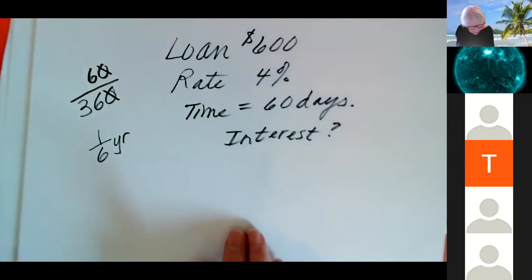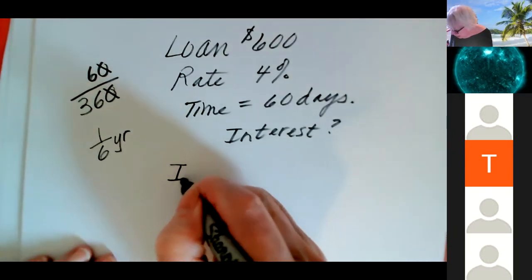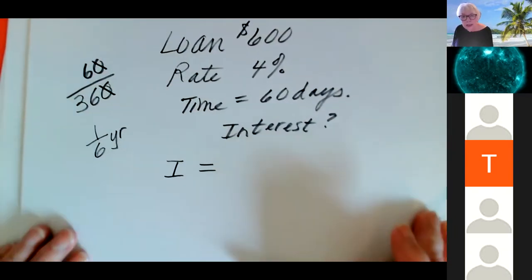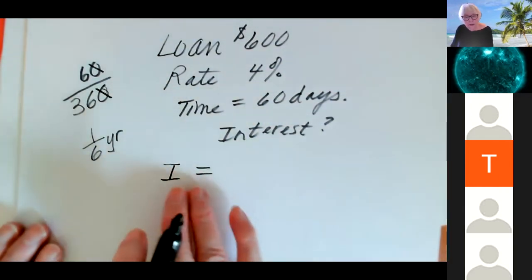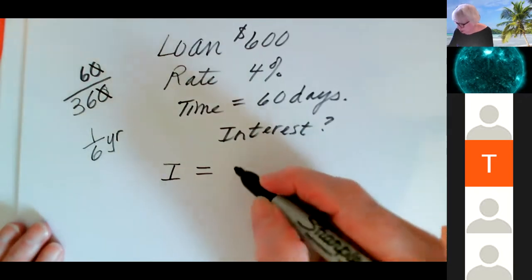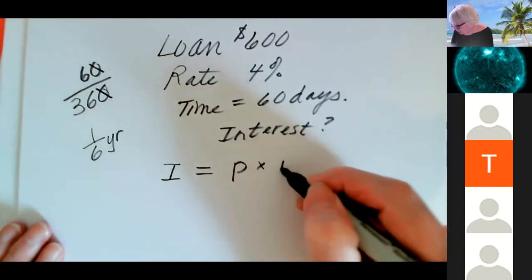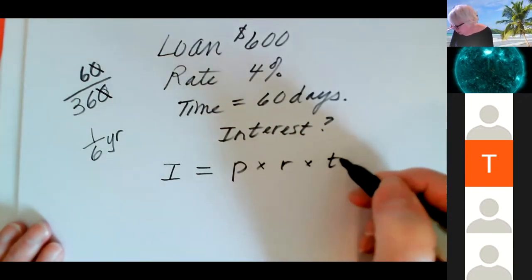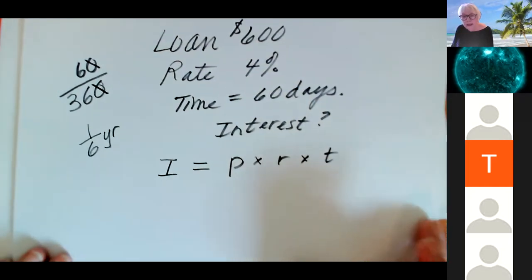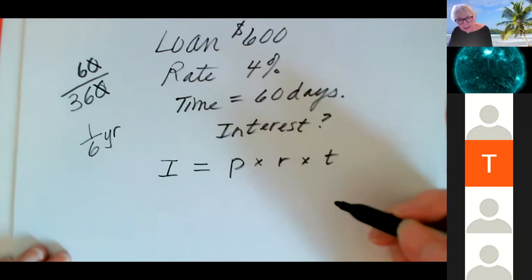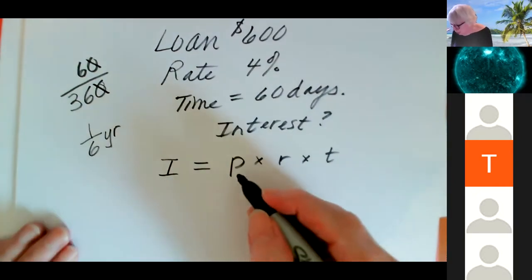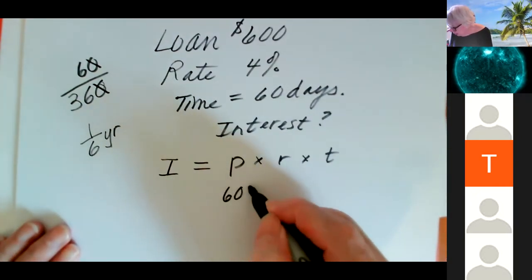And so I'm going to go ahead and set up the formula. In general, when you have a formula involved, the first step is to write the formula down. Principal times the rate times the time. Then proceed to drop the numbers into place in the formula. So the principal was $600.